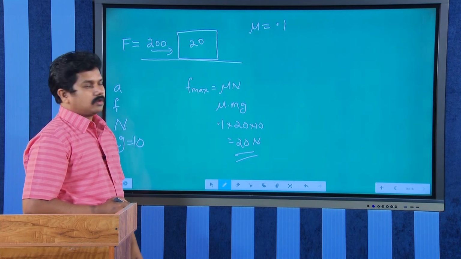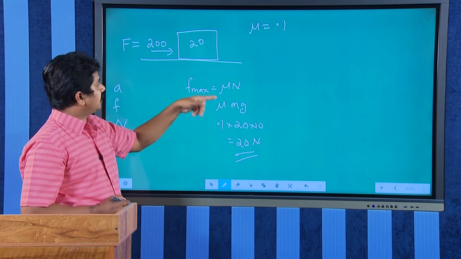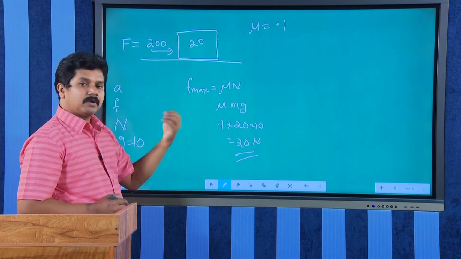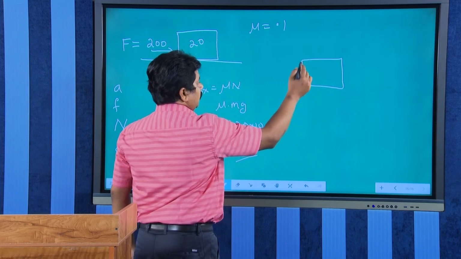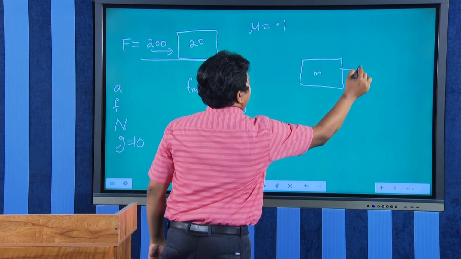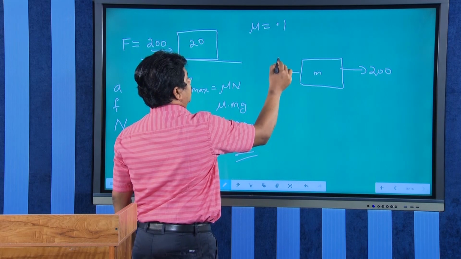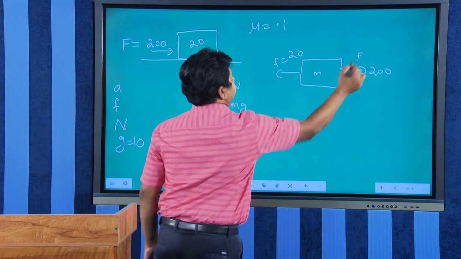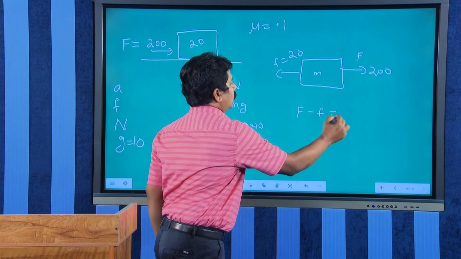Okay. What is the applied force? 200. So, definitely the applied force is greater than the opposite friction, so the block will move. The free body diagram will be, this is mass m. Applied force here is 200, and the opposite force here, friction, is 20. We can write F minus f equal to m a.